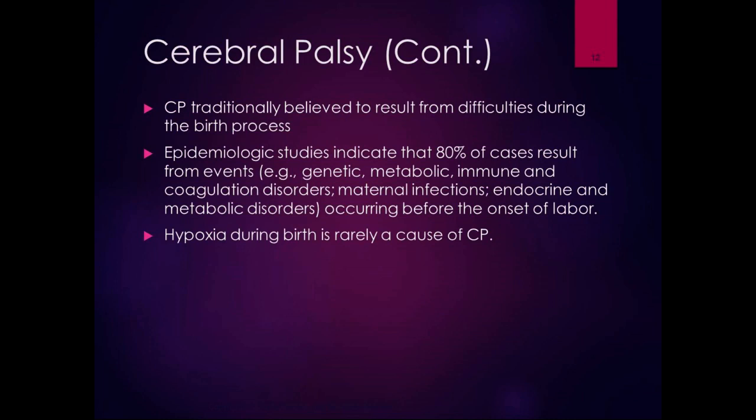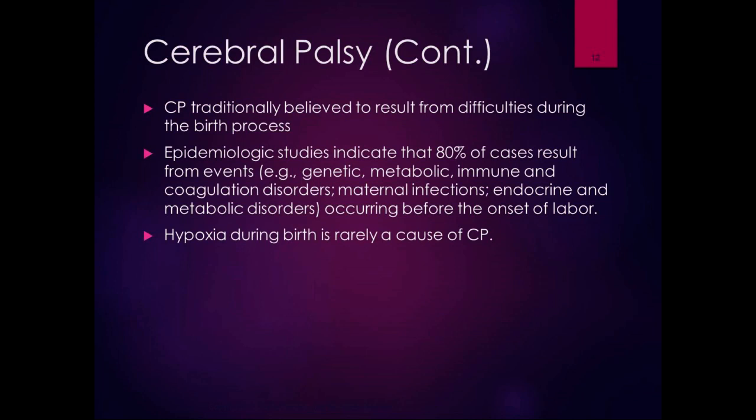So it's traditionally believed to result from difficulties during the birth process. But actually, epidemiological studies are now indicating that 80% of cases result from events that occur before the onset of labor.